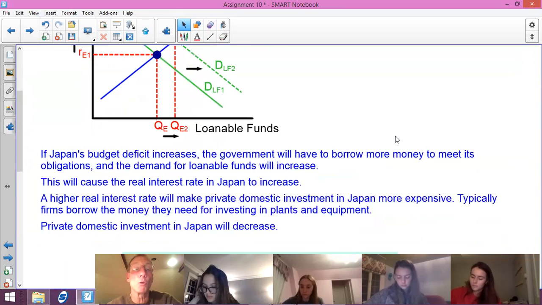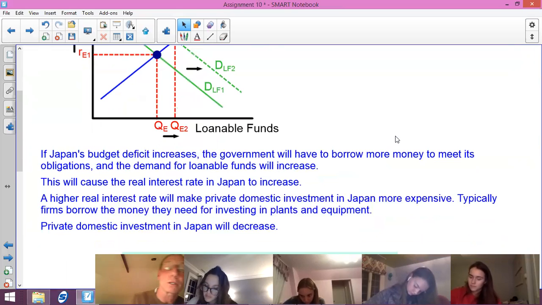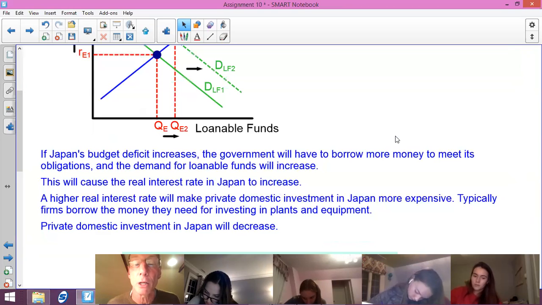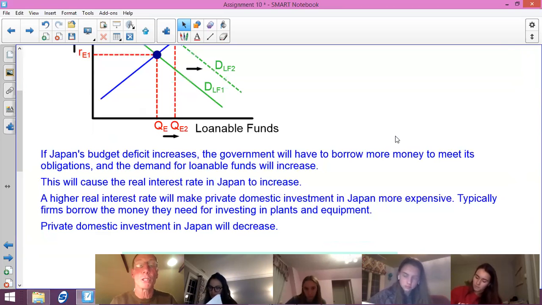And the higher real interest rate in Japan. Now, once again, we're not talking about foreign investors coming in. We're talking about private domestic investment being more expensive because firms tend to borrow the money they need for private investment when they're going to build a house, build a factory, hire more workers, whatever they're going to do to expand.